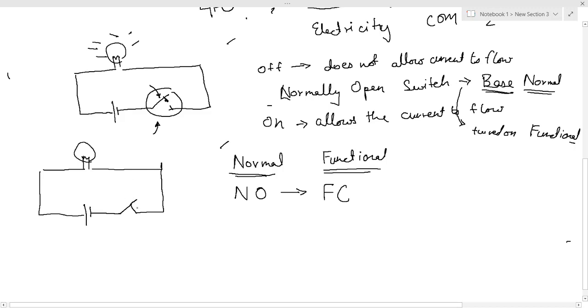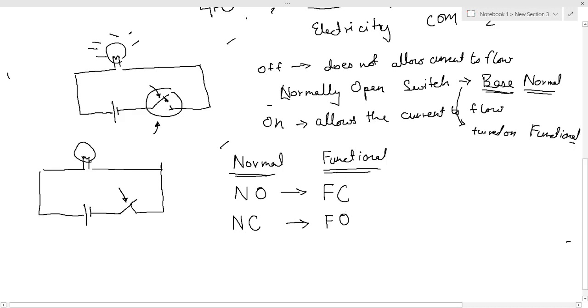Okay, so in normal position, when the button has not been pushed, the circuit itself is closed. So this is known as a normally closed switch, that when no one is pushing on it, it is in closed state. But as soon as someone pushes on it, what happens? The circuit becomes open and the bulb stops glowing. So normally closed becomes functionally open.